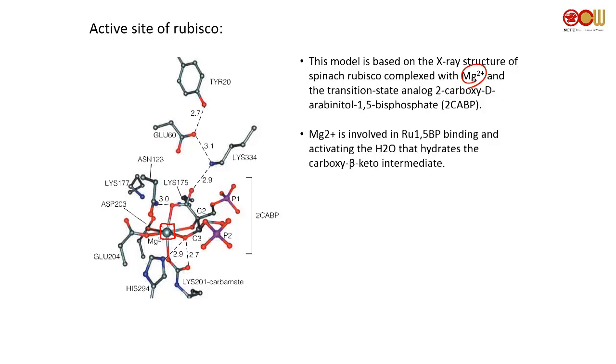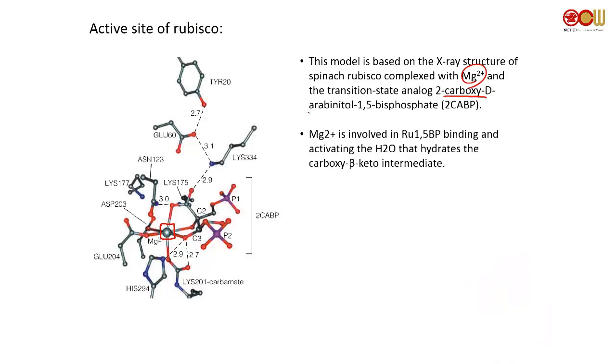So it shows you where the active site is, because without a transition state analog, sometimes it's difficult to know where the active site is. So they added something that is similar to RuBP, and in this case it's 2-carboxy arabinitol. I can't even pronounce that word, right? So this is just a transition state analog.